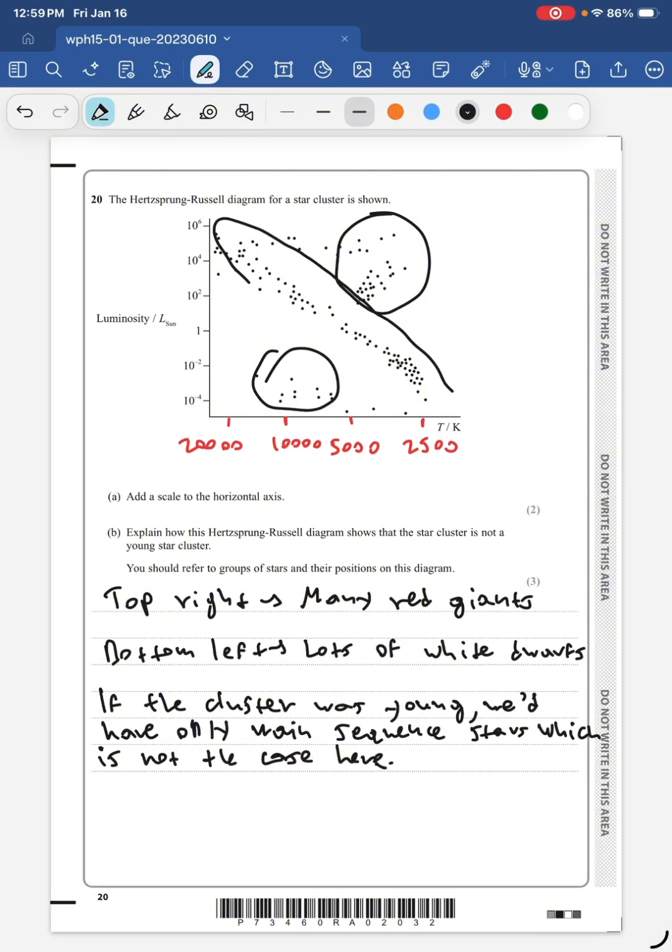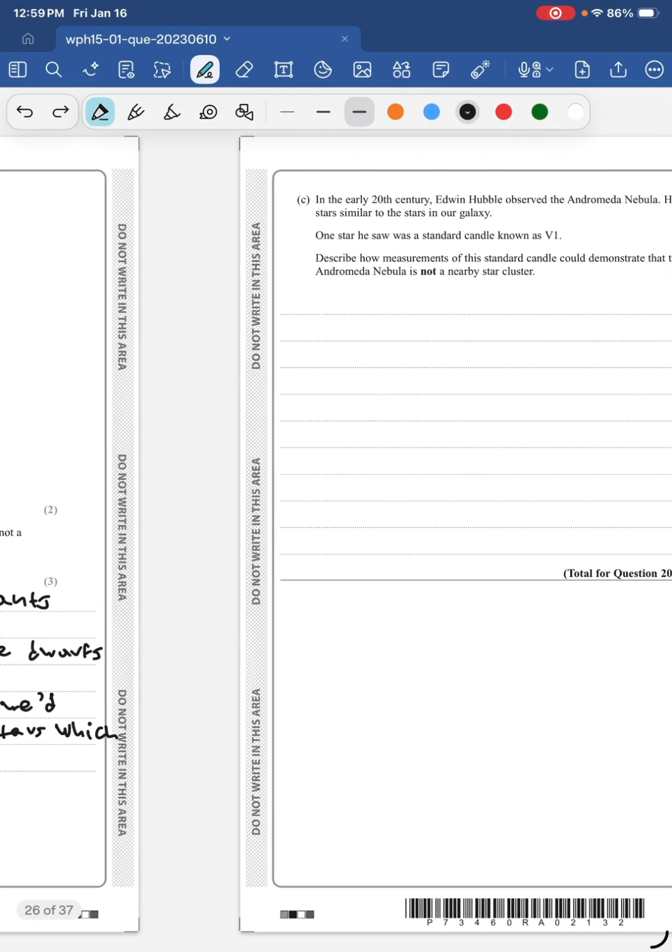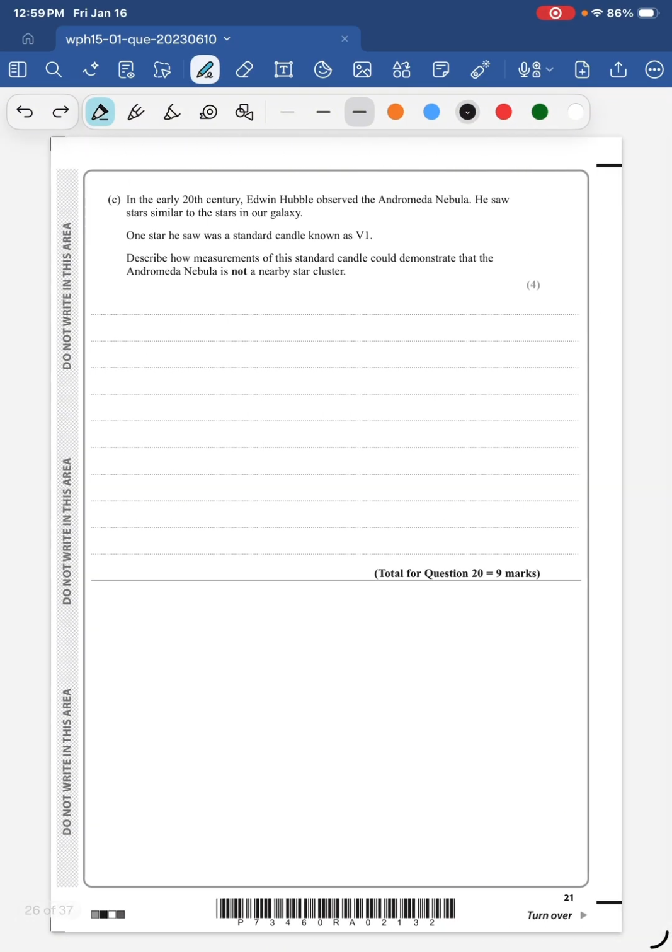In other words, we will only have stars in that diagonal, which is not true. I mean, we have many stars off diagonal. Okay, so let me remove that. Okay, and let's move on to part C.